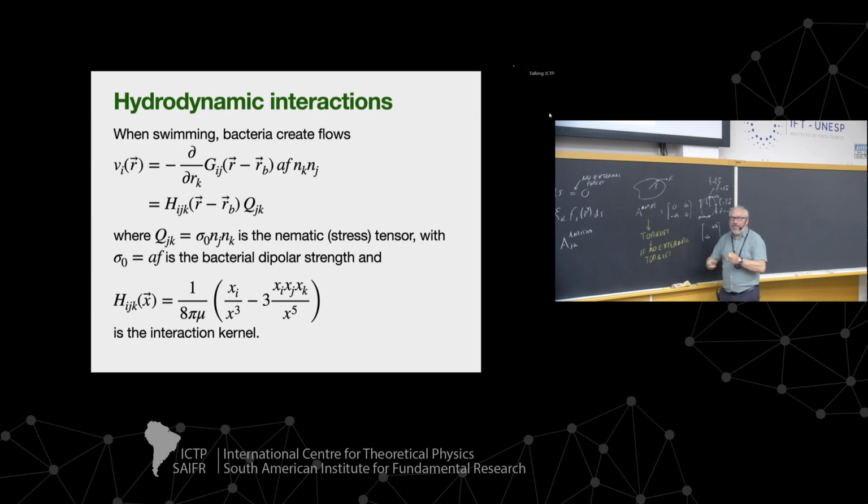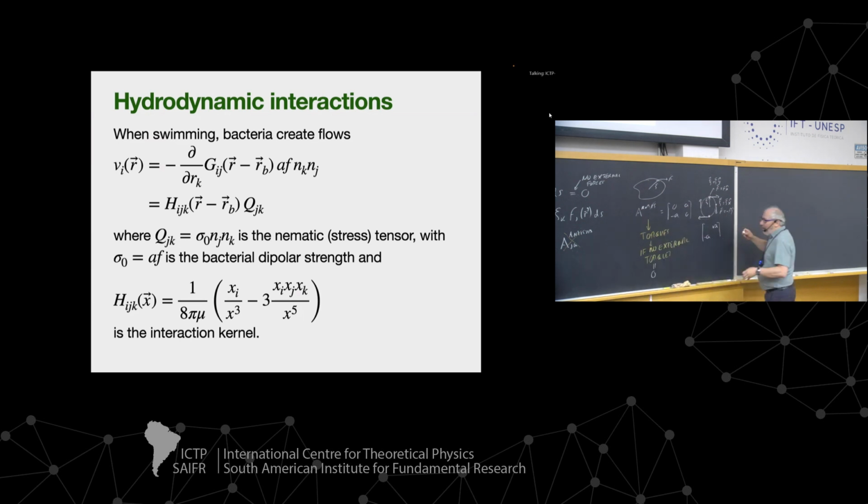But if you don't have external torques, then the bacterium is not going to exert a reaction on the fluid. So this should be 0. As a consequence, this term vanishes. You don't have an antisymmetric part, in general. So this A_jk turns out to be a symmetric matrix.